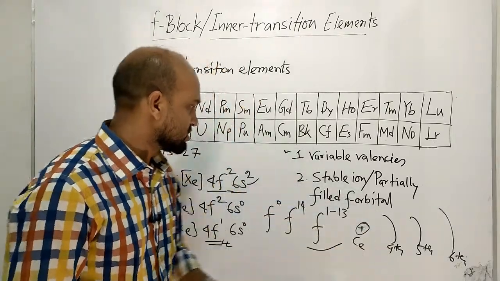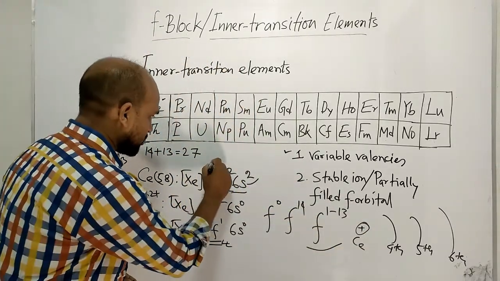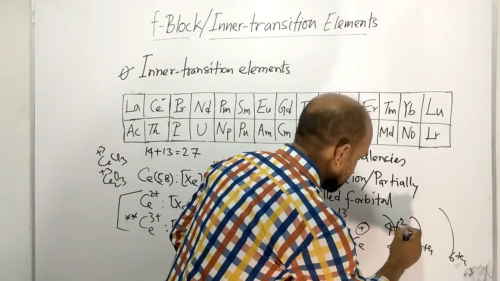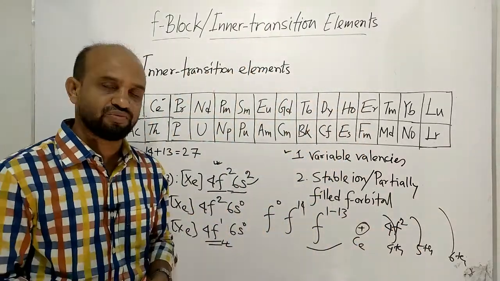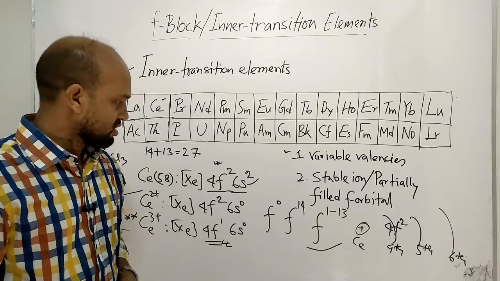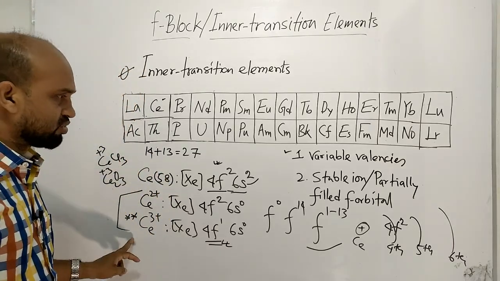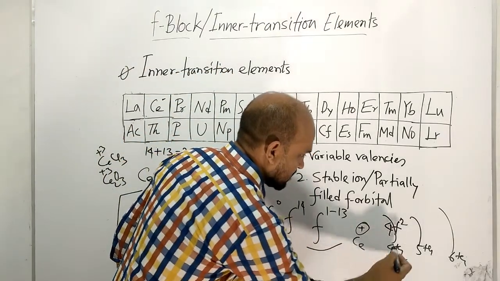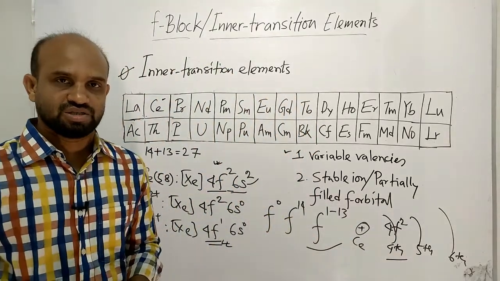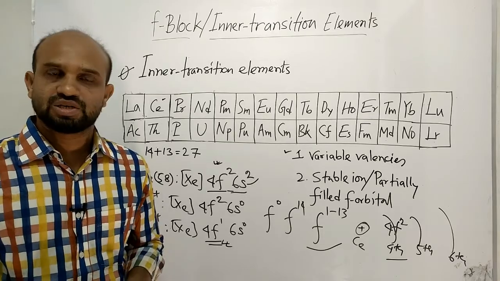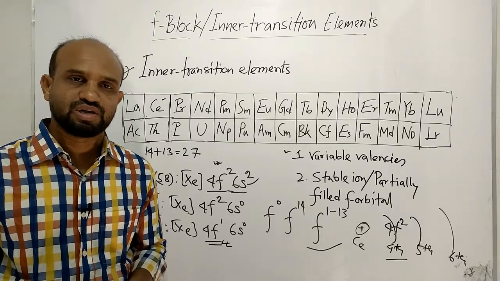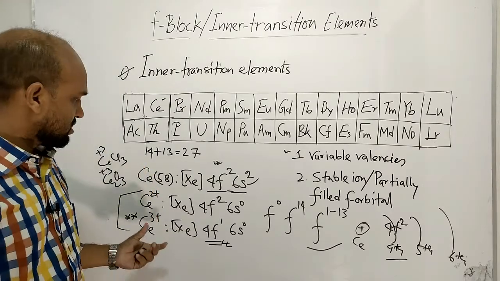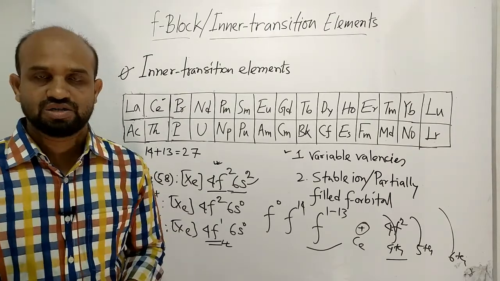This shell is containing f orbital electrons, 4f2. These electrons of f orbitals are responsible for variable valencies. That is why this cerium is called inner transition element. Inner penultimate shell is responsible for variable valencies and to be transition element. That is why this is called inner transition element.